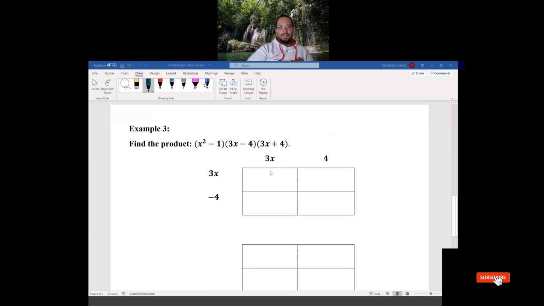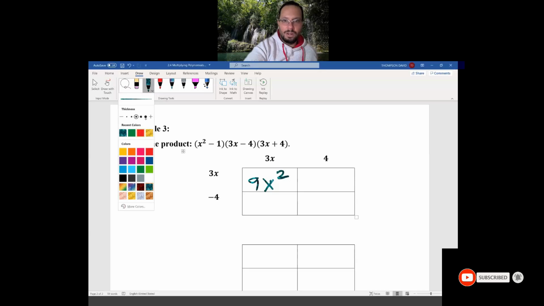Example 3. Find the product of x squared minus 1 times 3x minus 4 times 3x plus 4. So we'll do the 3x minus 4 and 3x plus 4 first. So we'll multiply it in 2 different ways. 3x times 3x is going to give me 9x squared. 3x times 4, that's going to give me 12x.